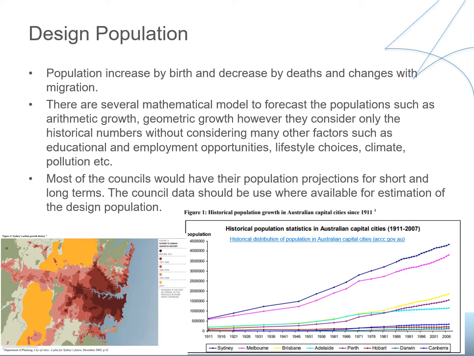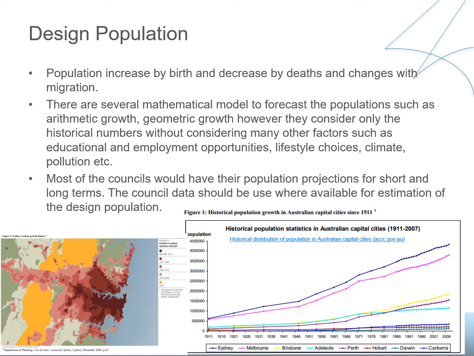We need to know what the future population is. Population increases by birth and decreases by death and changes with migration. All projects are designed not for today's population but for the forecasted future population within the design period.